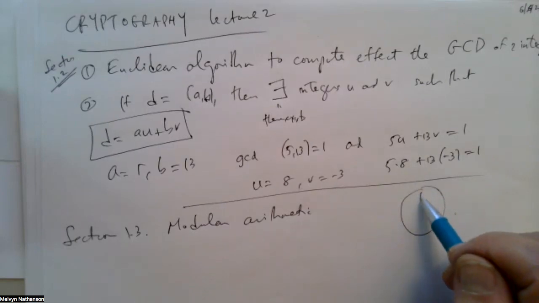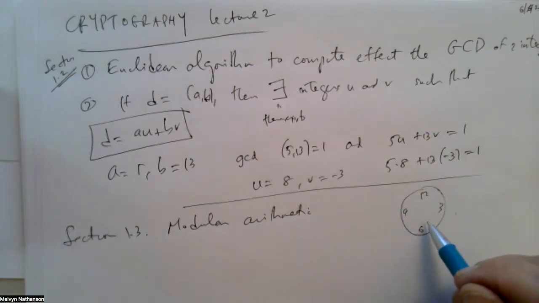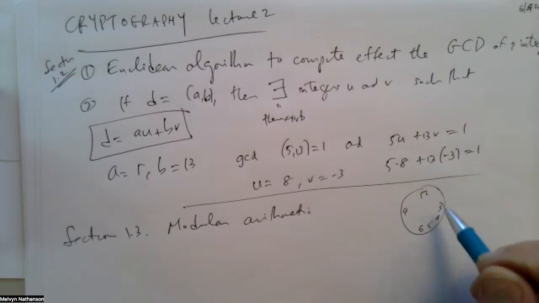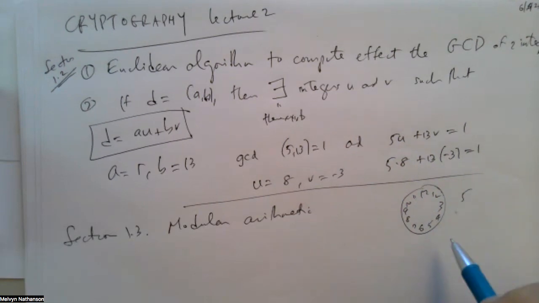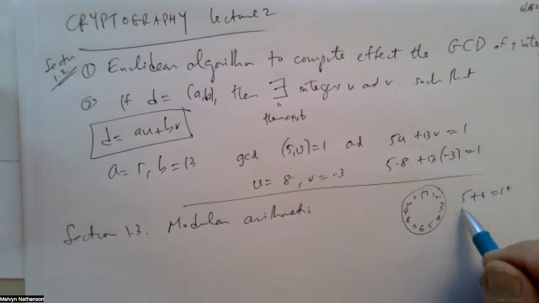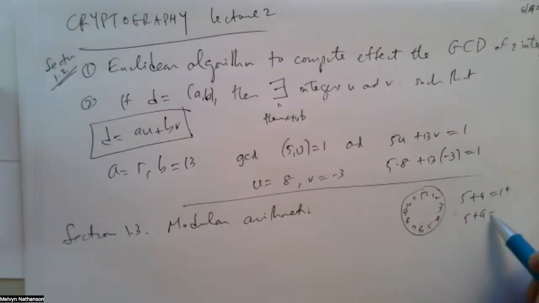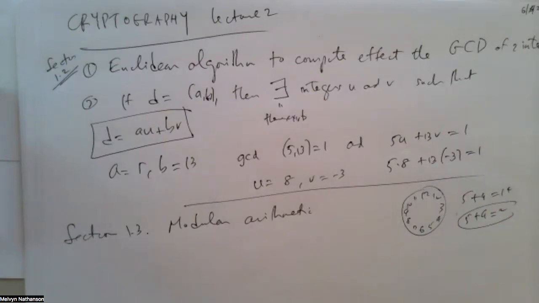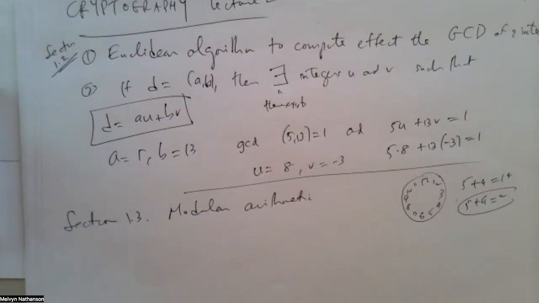You know, you have a clock, and if you are at 5 o'clock, and you go 9 hours later, you're not at 14 o'clock, you're at 2 o'clock. 5 plus 9 equals 2 when you're telling time, right? And if you understood that in elementary school, then you will understand modular arithmetic in college.